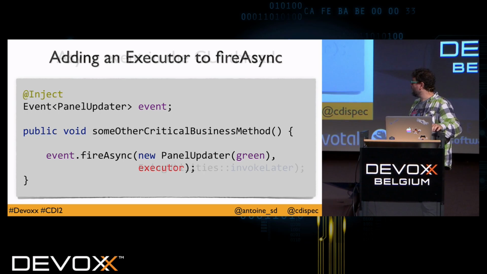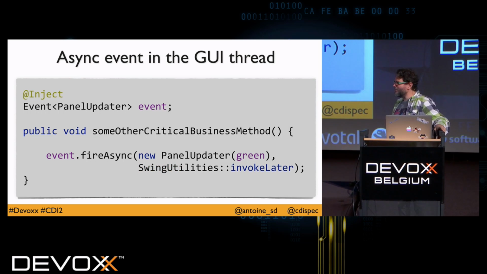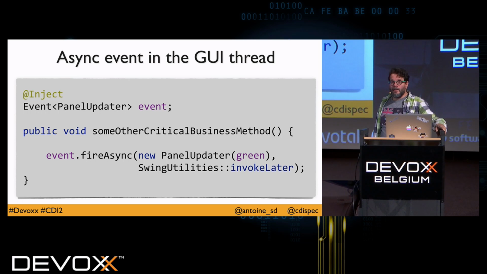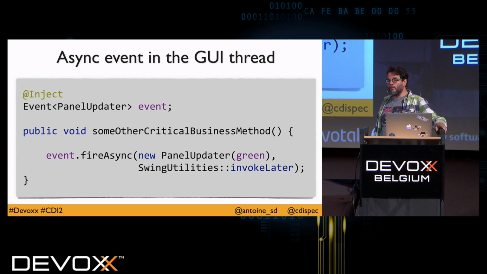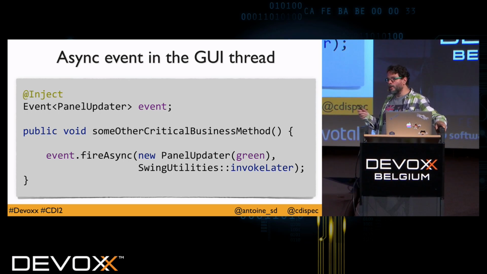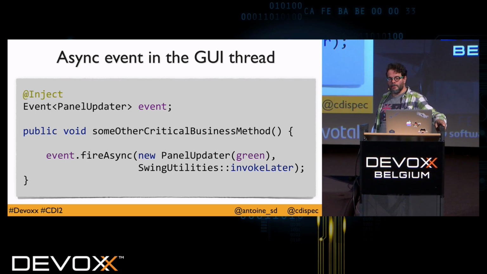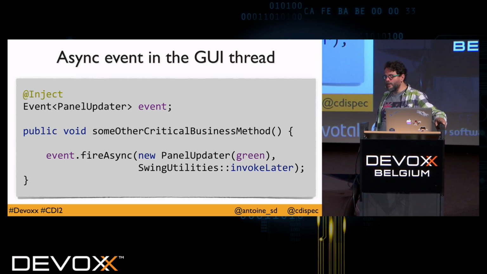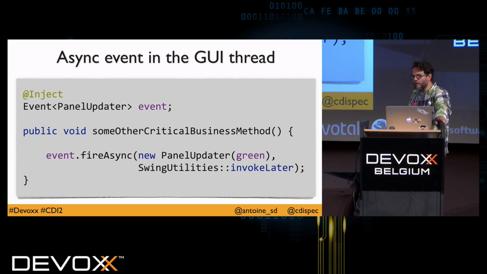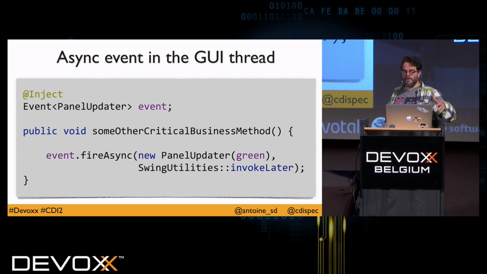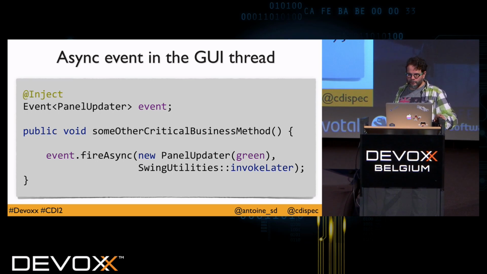You can do something like that, for instance. You can say, okay, this event is related to the UI, so I want the observers of this event to be called in the UI thread. Or you can have your own executor service, of course.